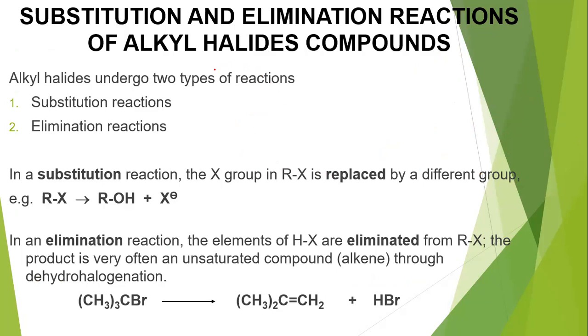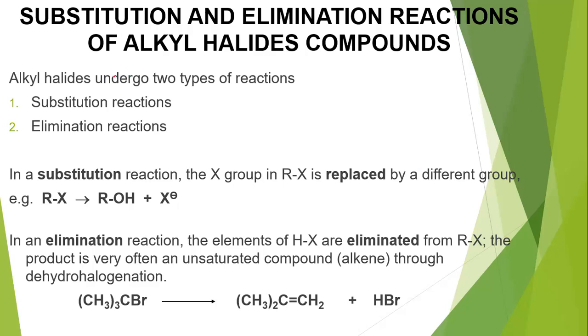We should take note that what will attack the carbon bearing the halogen is a nucleophile. So throughout this reaction, we'll be mentioning nucleophiles, knowing very well that nucleophiles will attack the carbon bearing the chlorine or the halogen. In other instances, I'll call it the alpha carbon. So if I say alpha carbon, it's the carbon bearing the halogen.